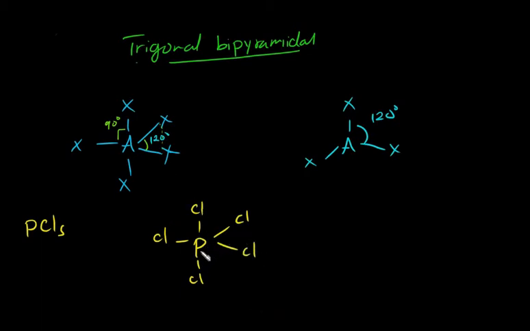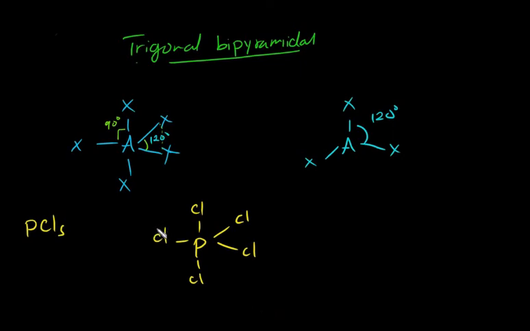We know that phosphorus has 5 valence electrons, and chlorine can attach by 1 valence electron.